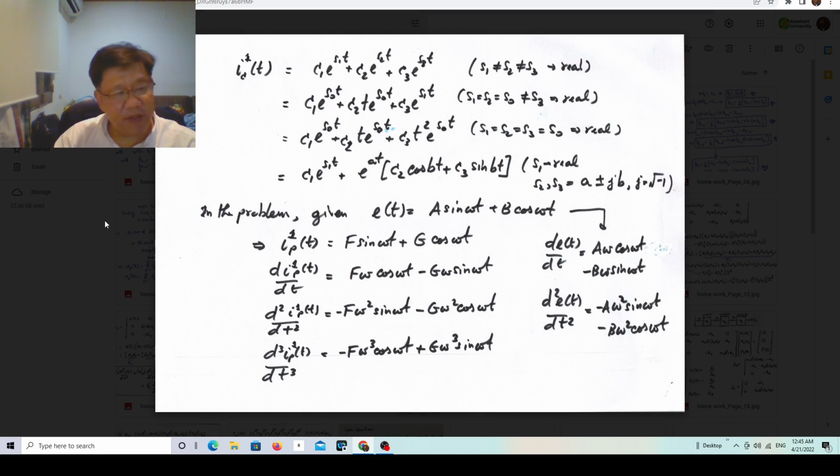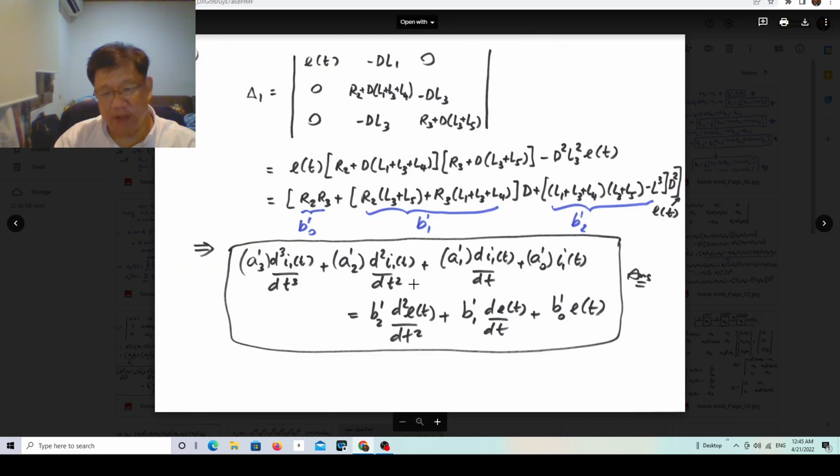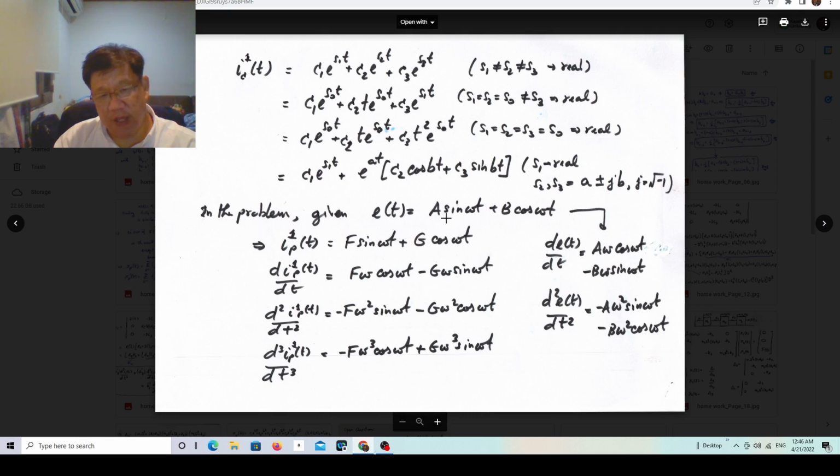And you might remember thinking about that. In this case, you can see that the right hand side does not rely just on E(t) itself. It consists of zero order, first order, or second order terms. But why do I assume that once E(t) is a sinusoidal function of sine and cos, the particular solution I sub P(t) in the first loop of the circuit I1 is also sinusoidal, with different amplitudes of capital F and capital G?